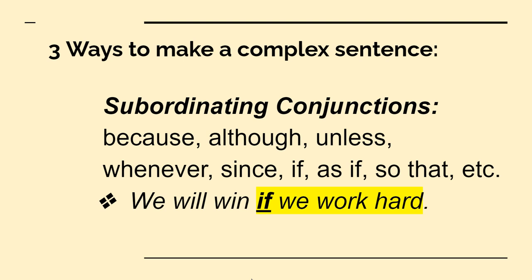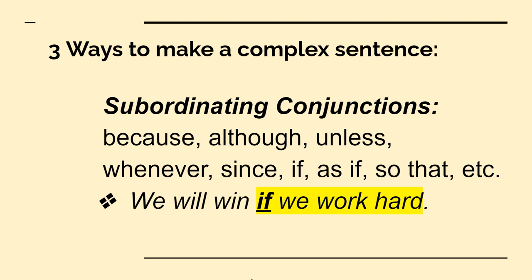Here we have we will win, we work hard, and we use the subordinating conjunction if to say we will win if we work hard. So we're able to combine two simpler ideas with that nice little Lego piece that combines them right together. And that's what a subordinating conjunction does. A conjunction is a word that brings things together, brings thoughts together.